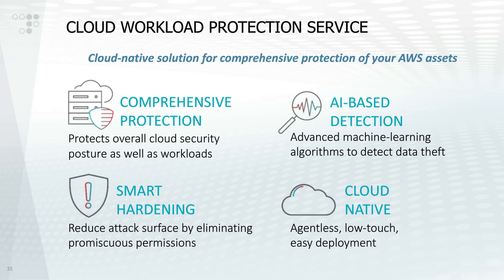The second key technology feature that we have is a detection engine based on artificial intelligence and machine learning algorithms. So even if hackers are somehow able to penetrate the network and leverage existing permissions, this detection engine will look for malicious behavior indicators, or MBIs, and alert on potentially suspicious activities happening within the cloud account.